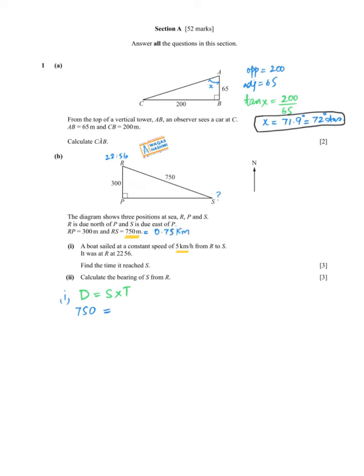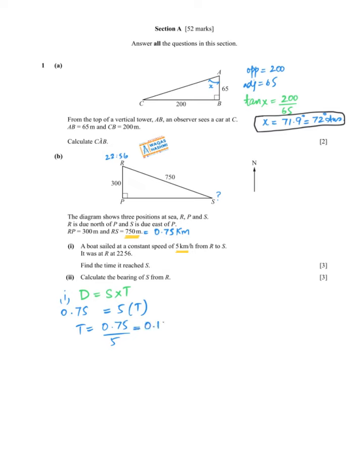So we need to replace 750 with 0.75 kilometers because we can't use two units in a single question. So 0.75 kilometers is equal to 5 times t, and we need to find the value of t. So 0.75 over 5 is equal to 0.15.